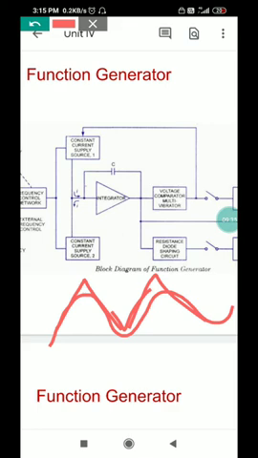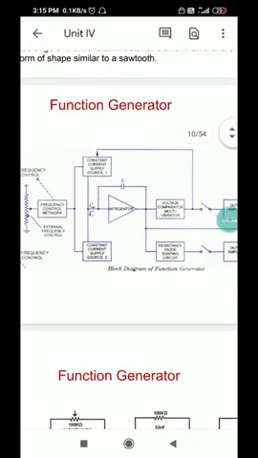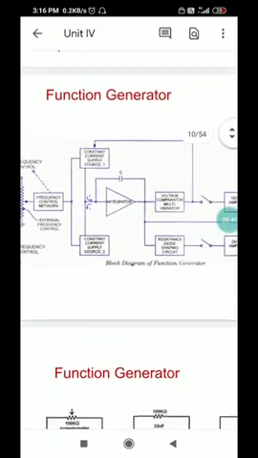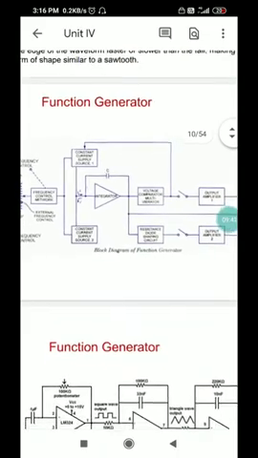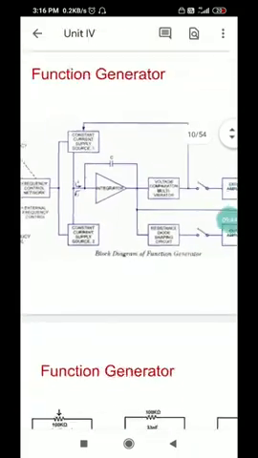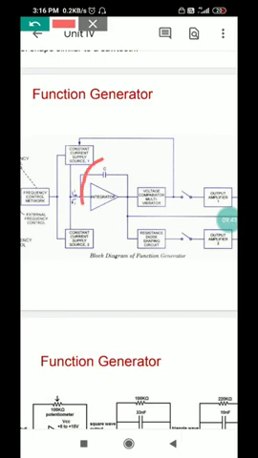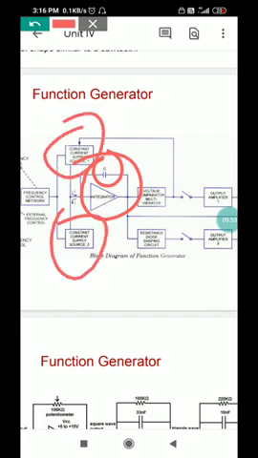This is how your function generator works. The function generator is used for generation of sine wave, square wave, triangular wave, etc. The basic thing that is there in the function generator is this one, integrator, this capacitor, and then two more important things, CCS1 and CCS2.